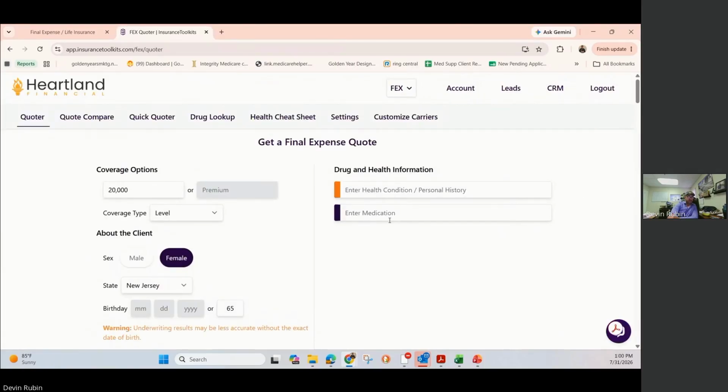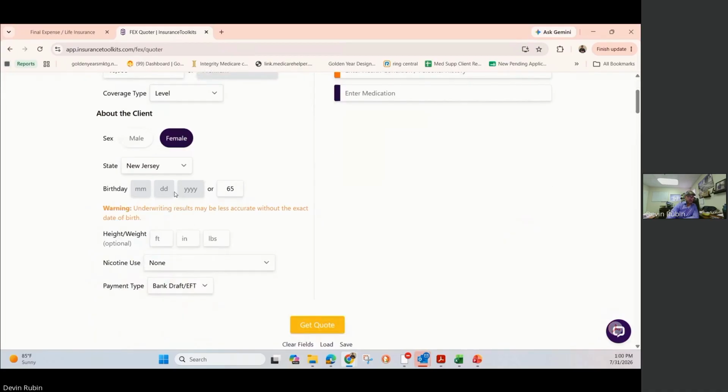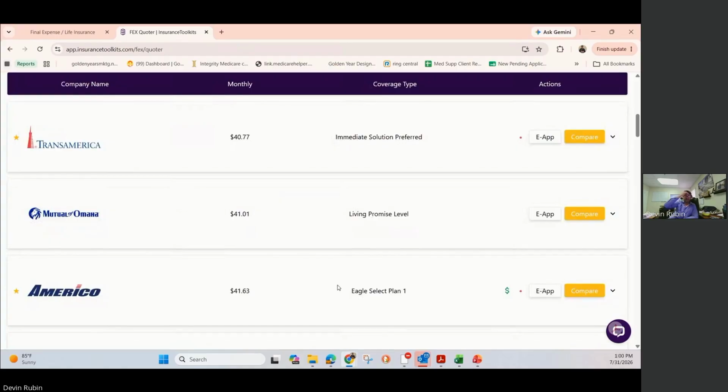All right. So this is Insurance Toolkits. At the top, we are going to put in a $10,000 benefit, and we're going to choose level, graded, modified, and then we're going to put in their gender, the state, and how old they are. And then we're going to hit get quote, and so we're going to run a 65 female, $10,000 face amount, and we see the range is going to be between $40 and $50.